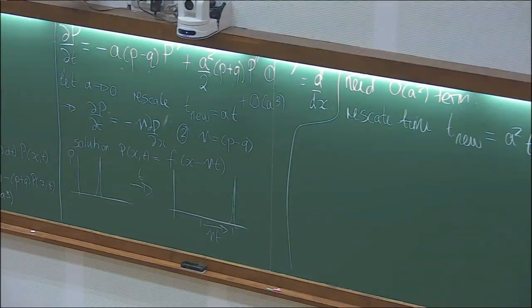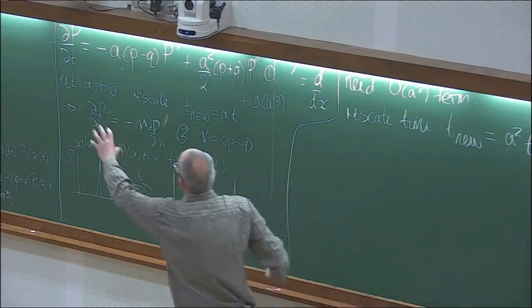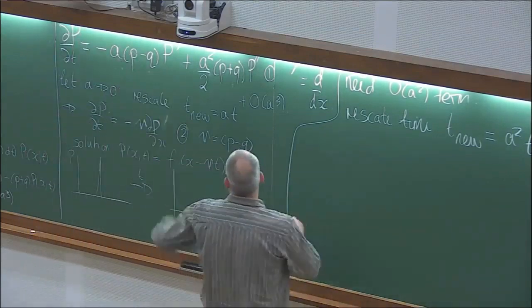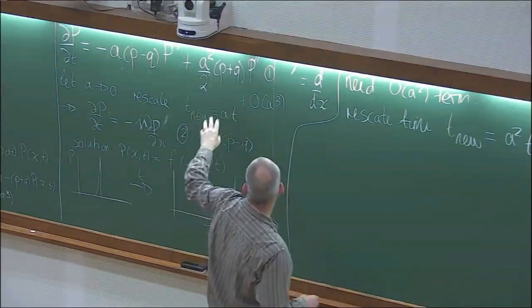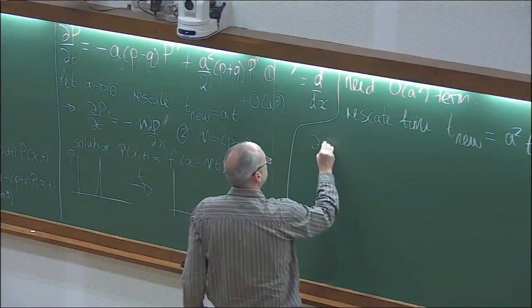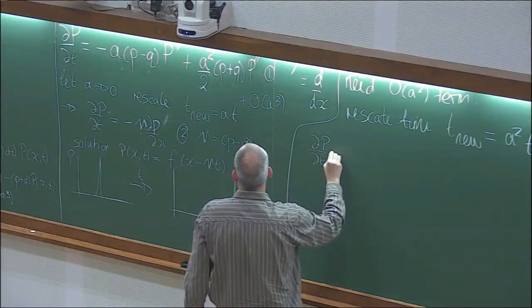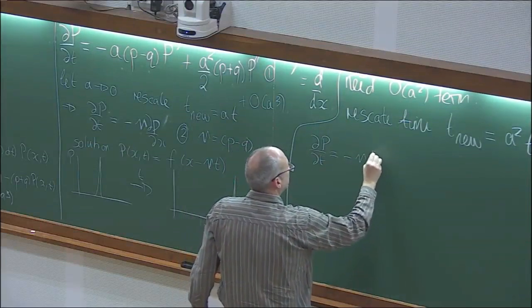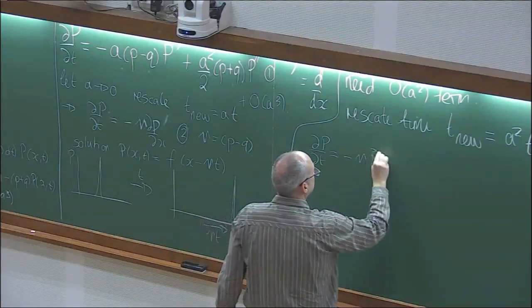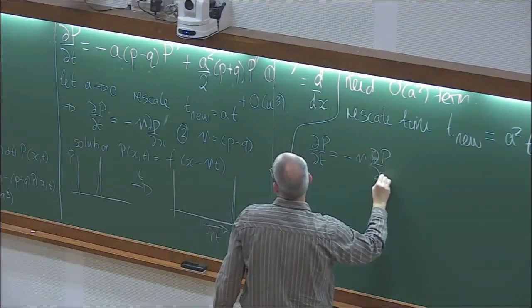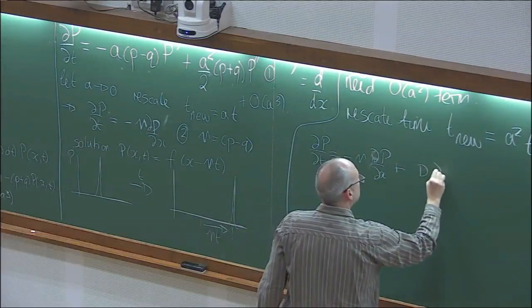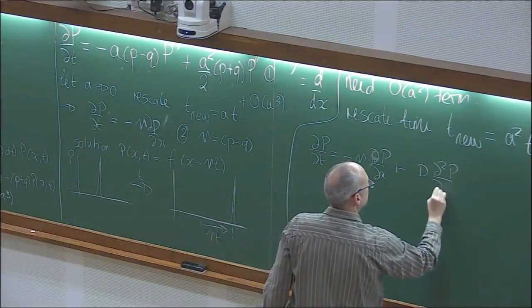Okay, so let's do it. Now I'll drop the abbreviation, new time. Basically, I've got a factor a squared. So when I divide through by a, and a goes to 0, I end up with dp by dt equals minus v p dash. Let me write it out: dp by dx, plus what I'll call d, d squared p by dx squared.